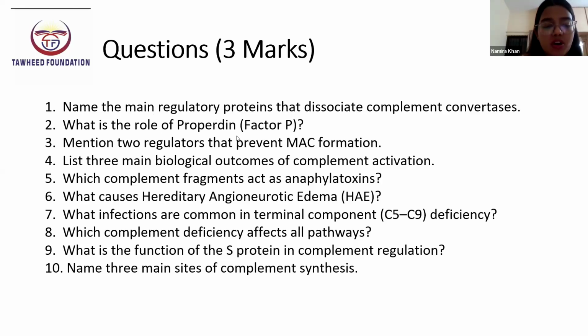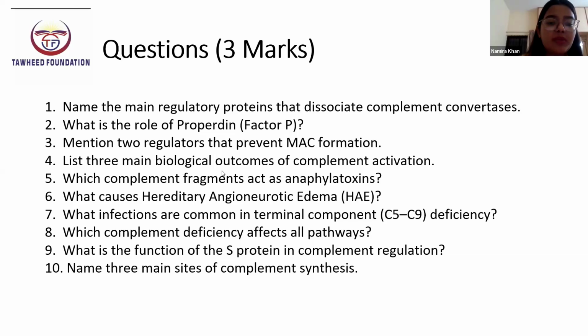It stabilizes the alternative pathway C3 convertase, that is C3bBb, prolonging its activity. Third, mention two regulators that prevent MAC formation. S protein, that is vitronectin, and CD59, that is MIRL. These are the two regulators that prevent MAC formation.